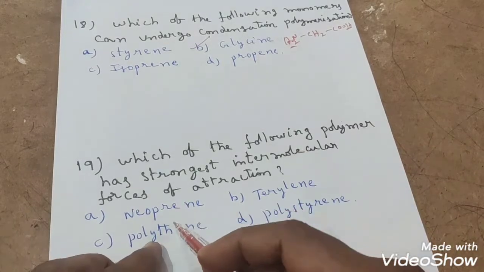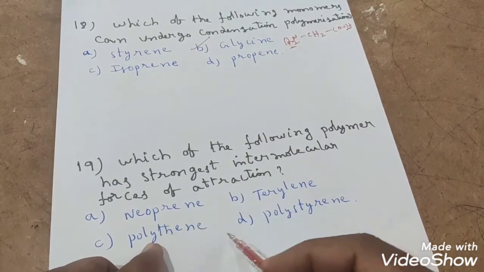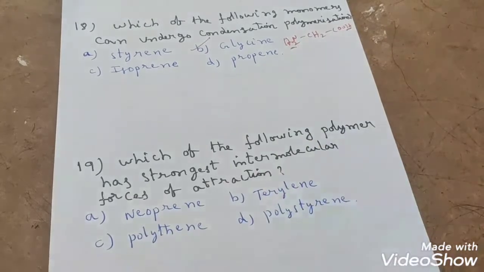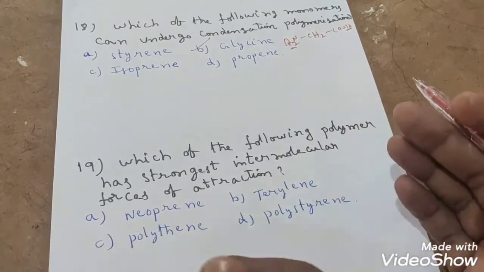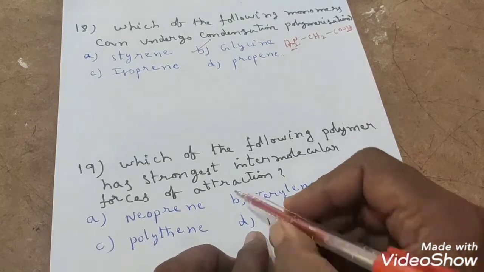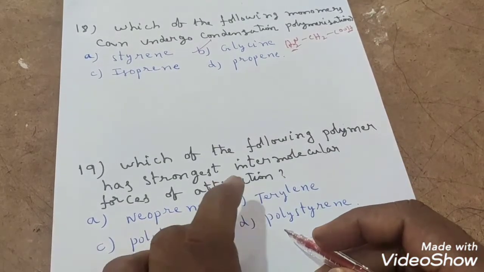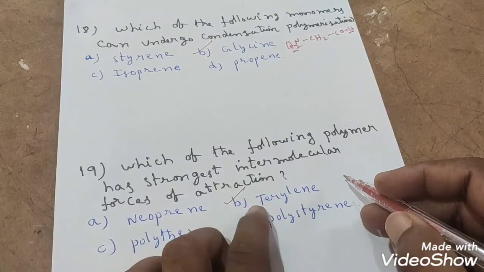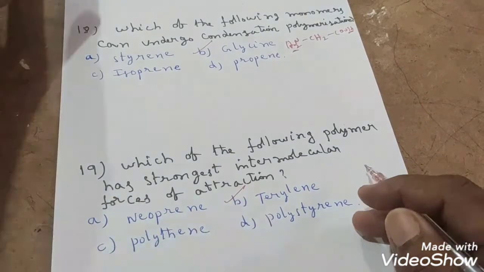But here these are unsaturated compounds. Unsaturated compounds will undergo what? Addition polymerization. And bifunctional group monomers will undergo what? Condensation polymerization. So that's why here terylene is the correct answer, students. Terylene came from ethylene glycol and terephthalic acid, right? Yes. So this is the correct answer.